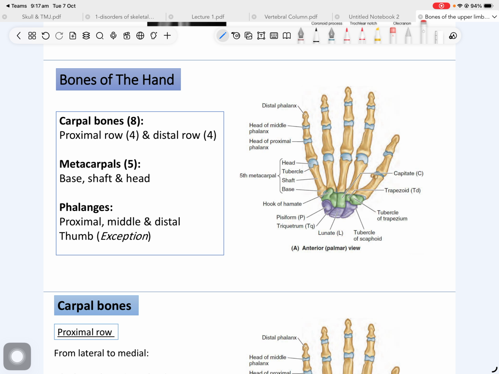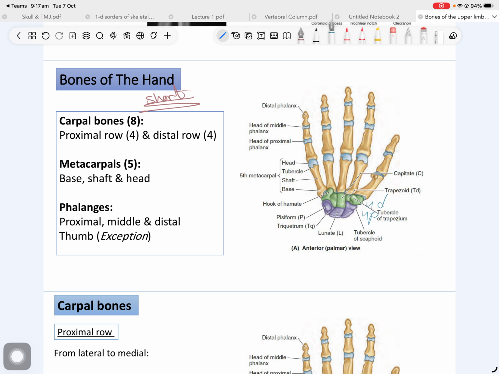Okay, so they are short bones. They are 8 in number. They are located in 2 rows, with 4 bones in each row. We call them the proximal row and the distal row.